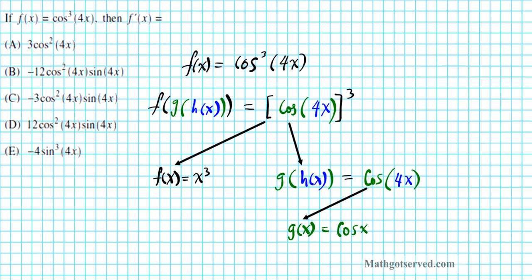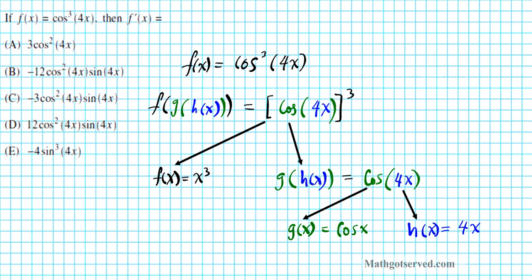That leaves us with the inner function, h of x, which is 4x. All I've done just now is decompose this function in a way where you can basically see it. When you compose these three functions, you end up with this composite function right here.